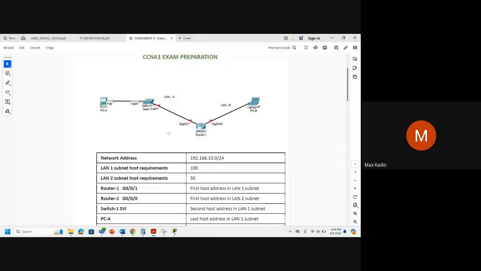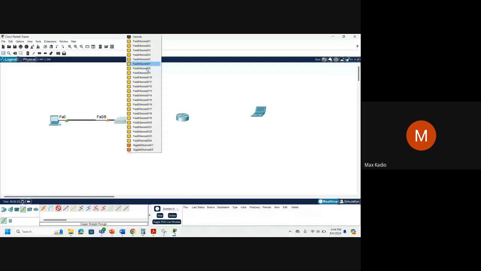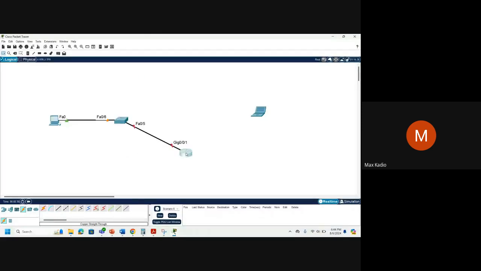The switch to the router is F0/5 to Gig0/0. So you take your cable, F0/5 to Gig0/0. And the other one, G0/0 to the FastEthernet. This is already a good design that you did.